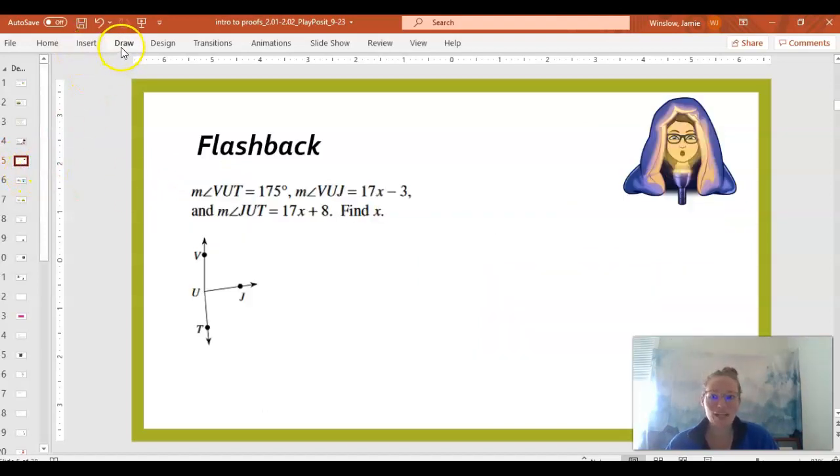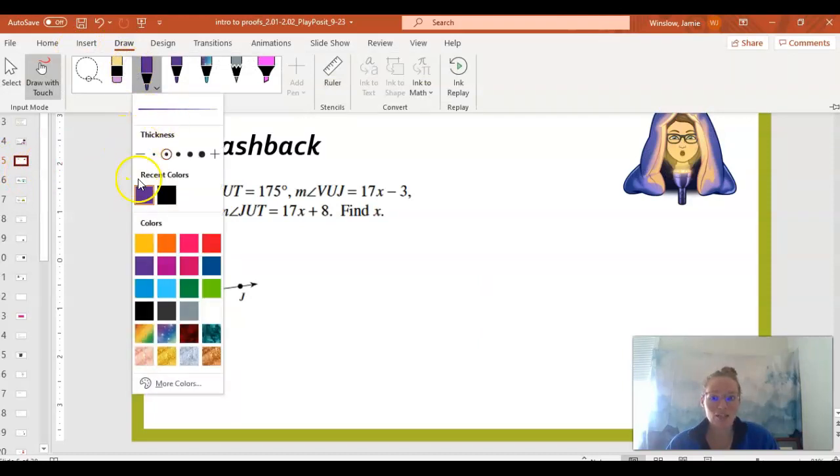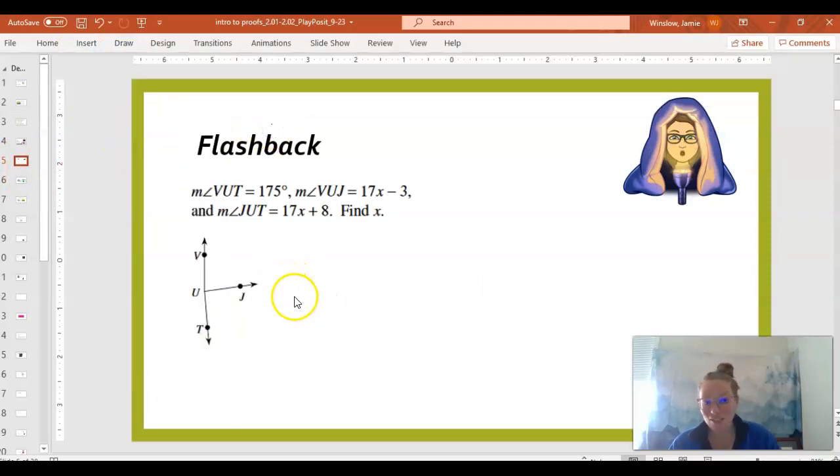Before we do that, I always like to flash back to previous topics. It keeps us in the know of all the things we've already covered throughout the year. Here, they give us a bunch of math information and a diagram. Remember, in geometry, you're almost always going to see diagrams, and if you don't, you should probably draw one. Whenever they give me some stuff and a picture, I like to label the picture.